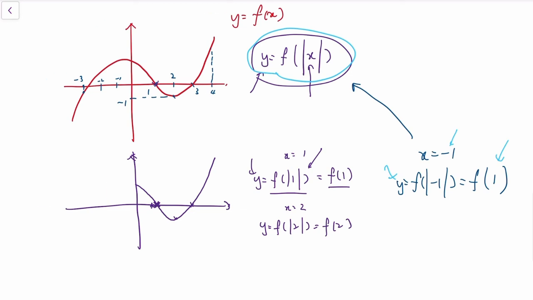Remember this is -1, -1 is here, but it has nothing to do with that. The value of f of absolute -1 is the same as f(1), so it's the same as this point. This point has y value 0. What that means is, when x is -1, the y value of f of absolute -1 should also be 0, because now it follows the y value of f(1).